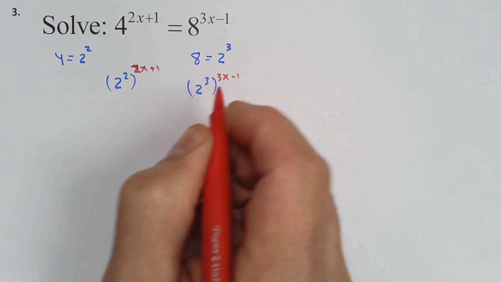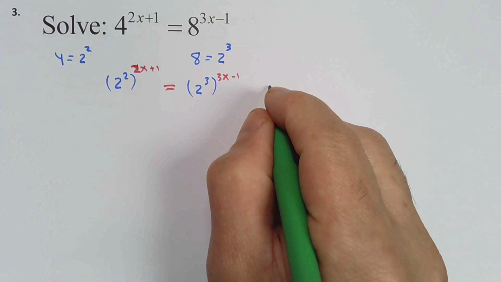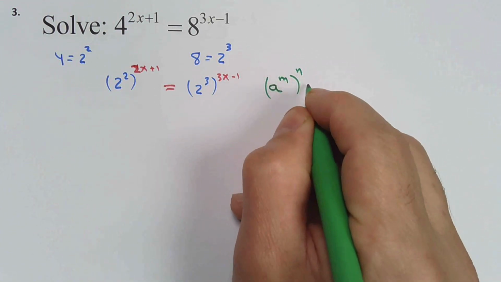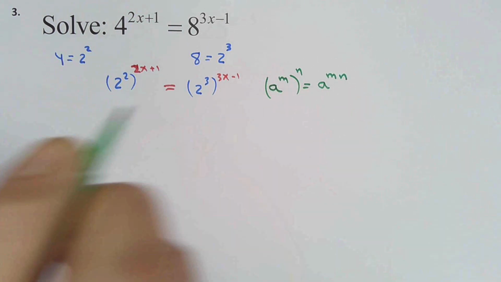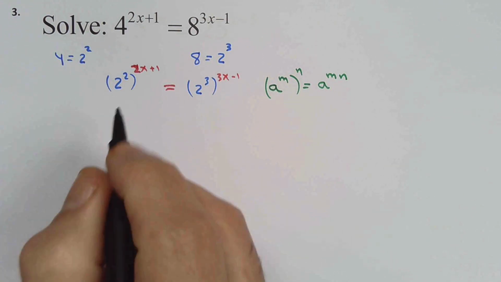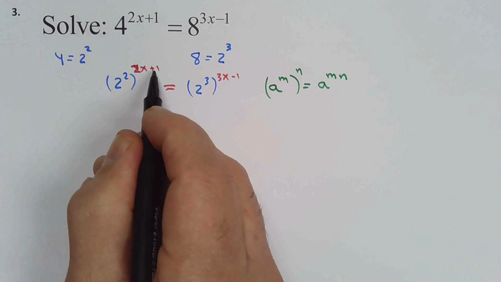We have a formula that says a to the power m all raised to the power n equals a to the power m times n. In this case, this is m and this is n, so we need to multiply them.